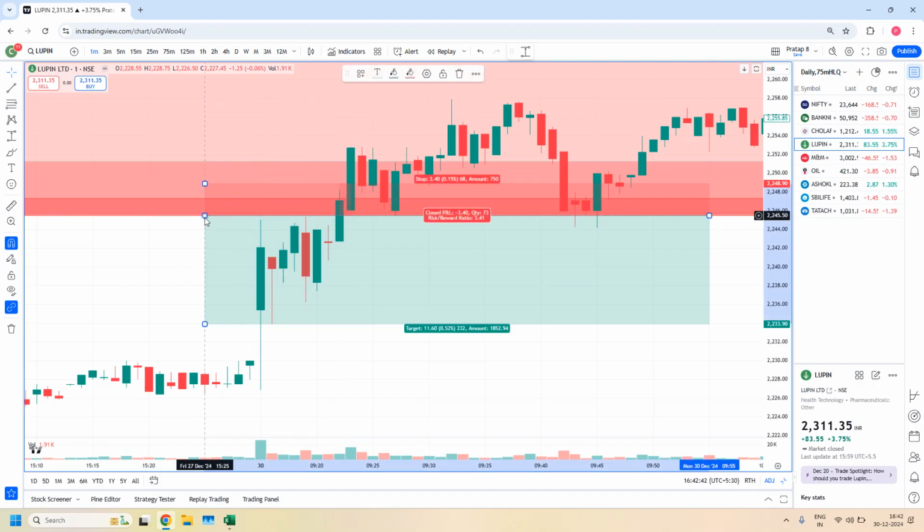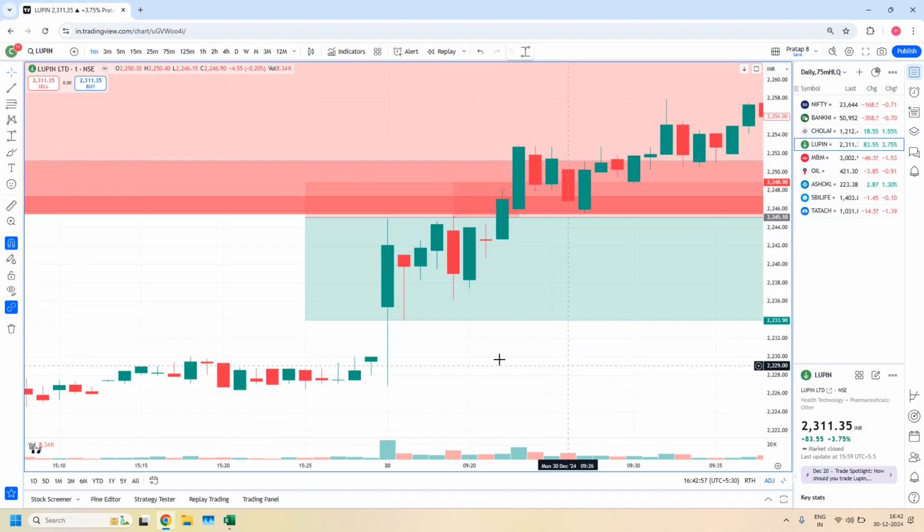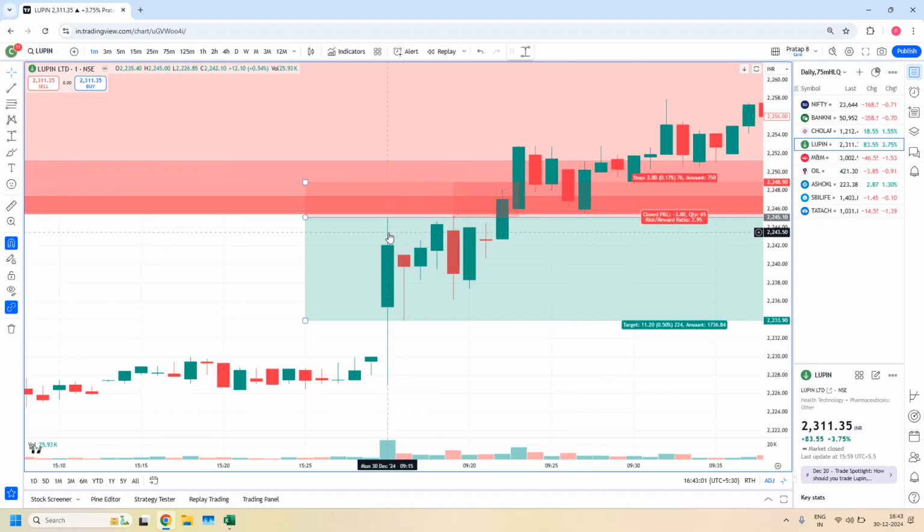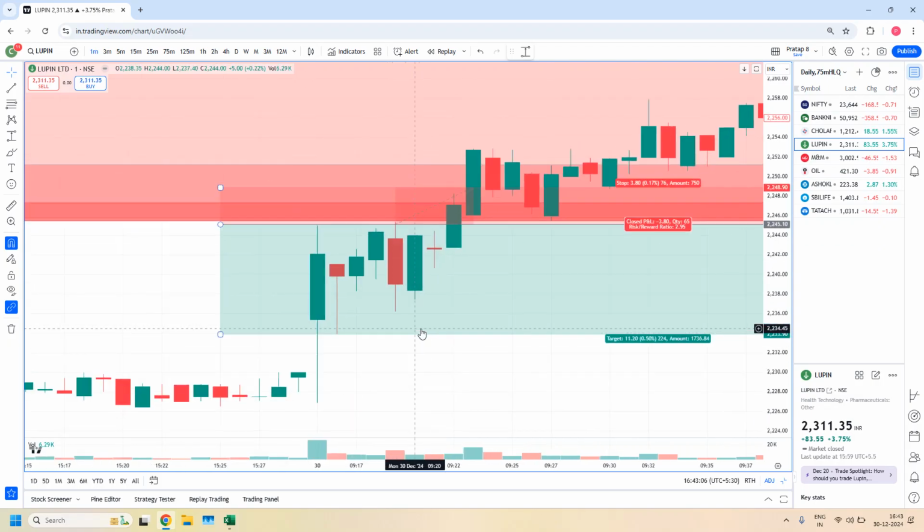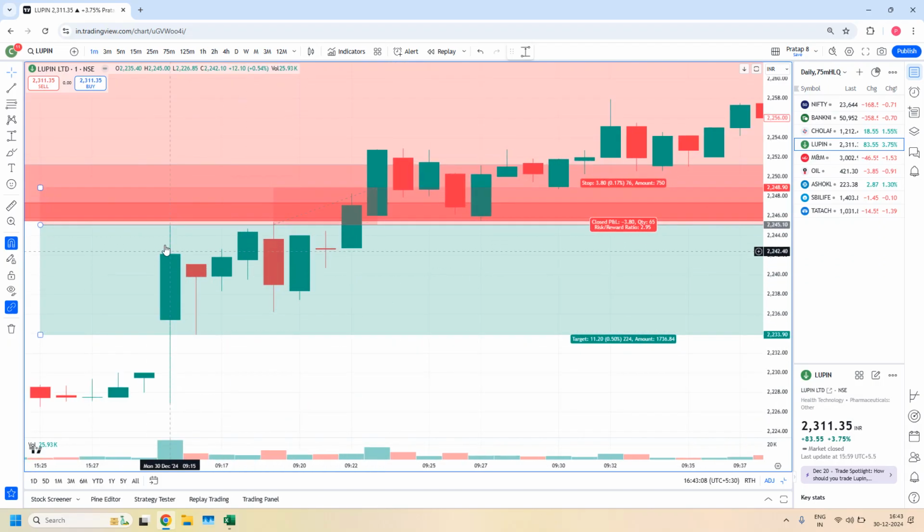If you would have added a small entry buffer, see here, if you would have taken the morning 9:15 candle, exactly here. See, this is not at all practical, I am just trying to tell you. Because first of all, a 9:15 trade is not practical.